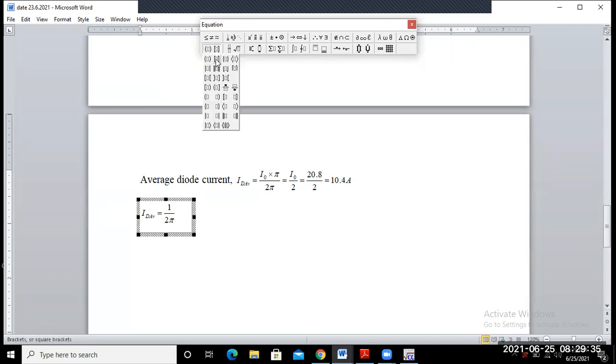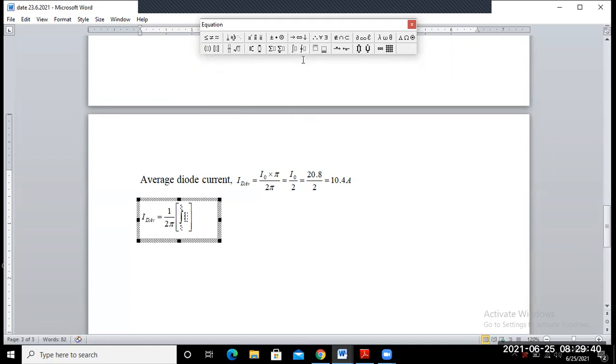Integration from zero to the time period. So 0 to 2 pi, the time period is 2 pi, into I(t) dt.